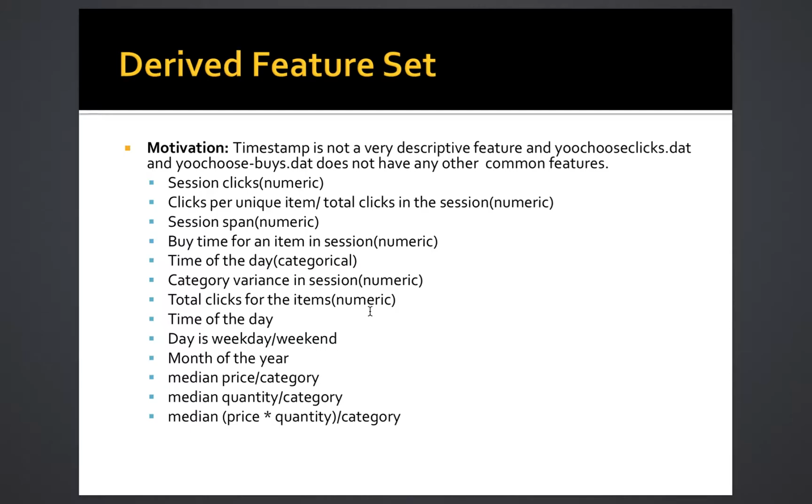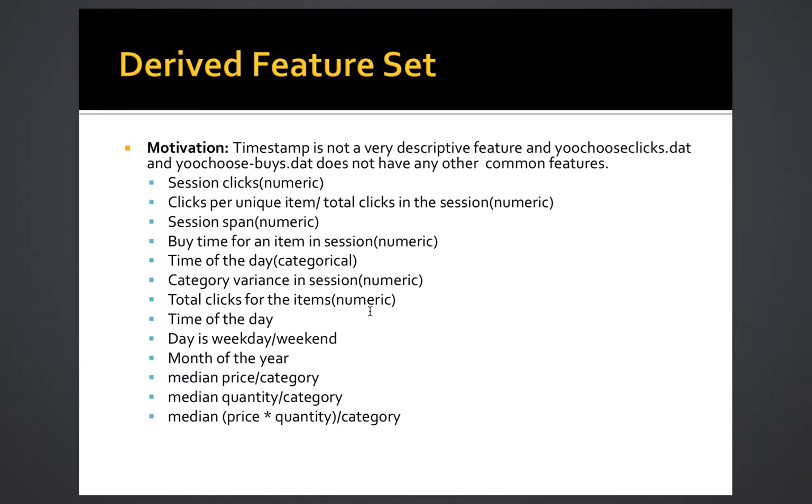Then comes the time of the day, which is categorical, the time of the day when the user is browsing the session. Then category variance in a session, that is how many different categories the user has browsed in that session. Then total number of clicks for the item, which is indicative of how popular the item is.